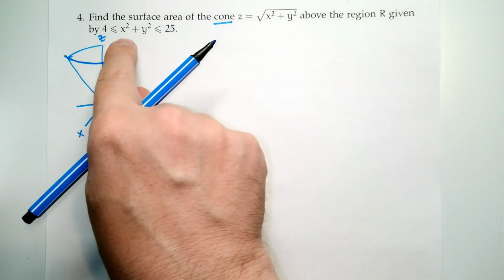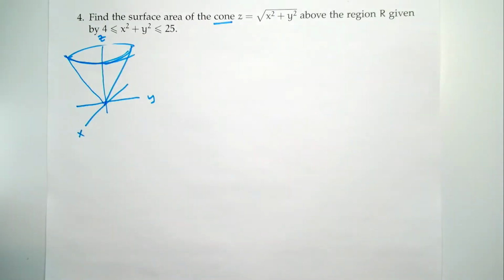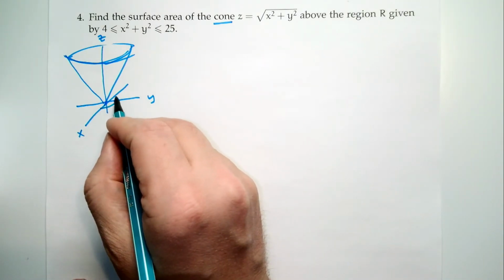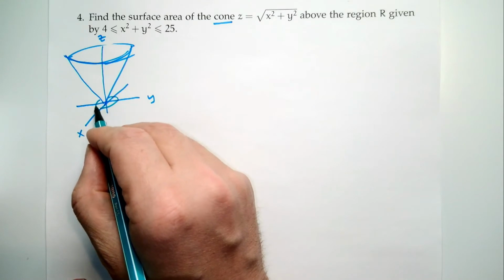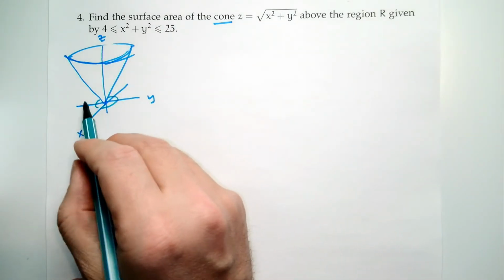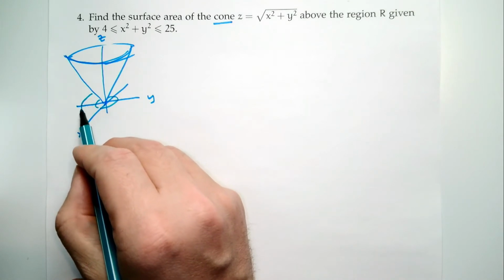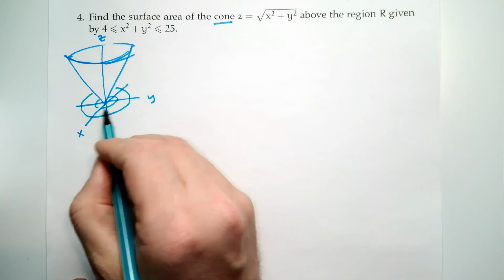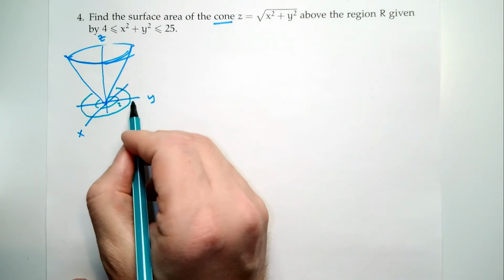X squared plus y squared between 4 and 25. Well, really that tells us there's 2 circles down here. So you have one circle, the smaller circle, which is radius of 2, and the larger circle, which is radius of 5. All right, so this goes from 2 up to 5.